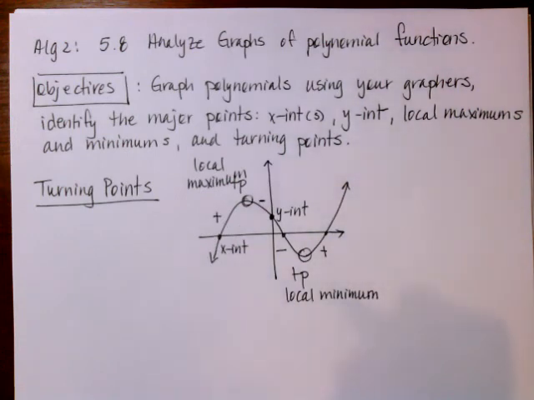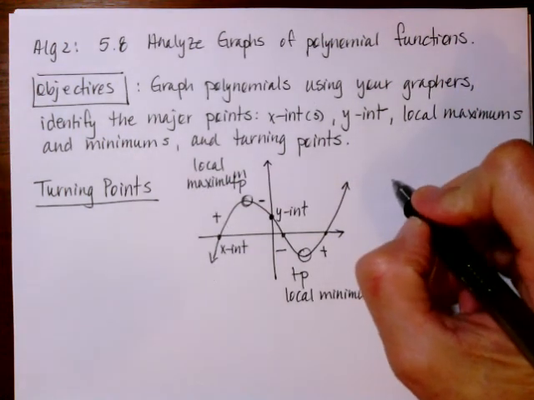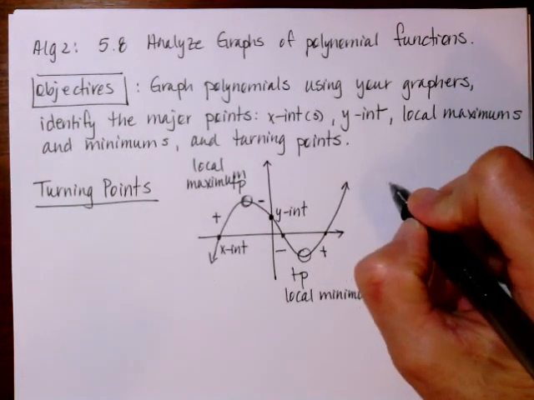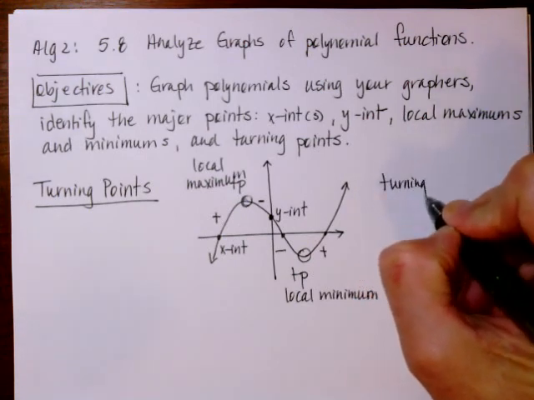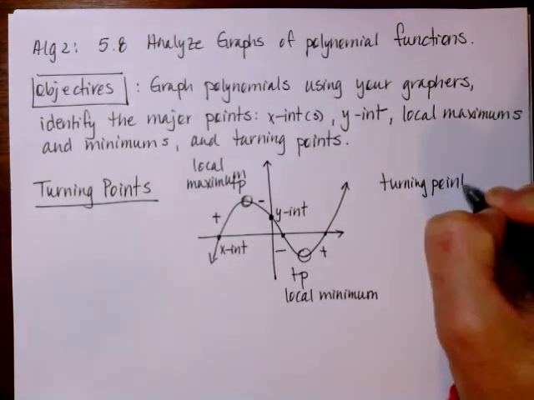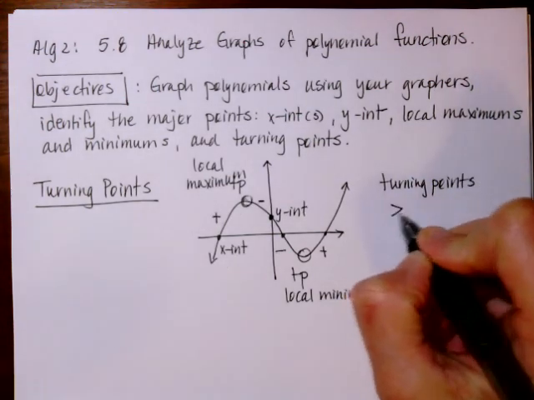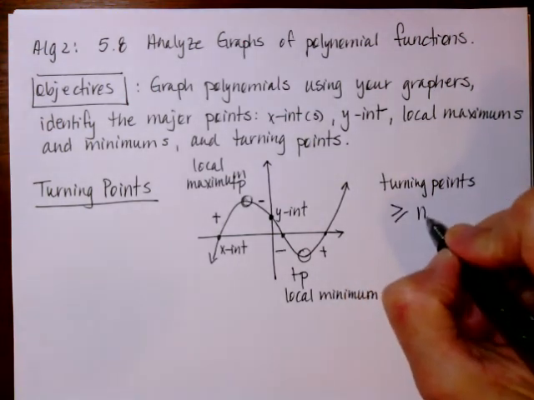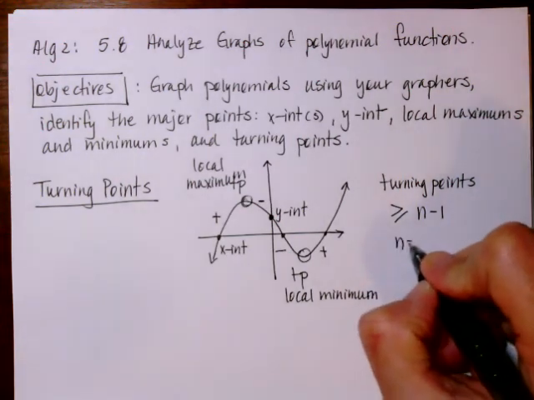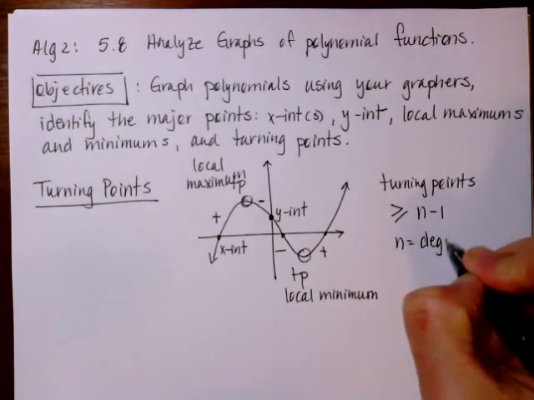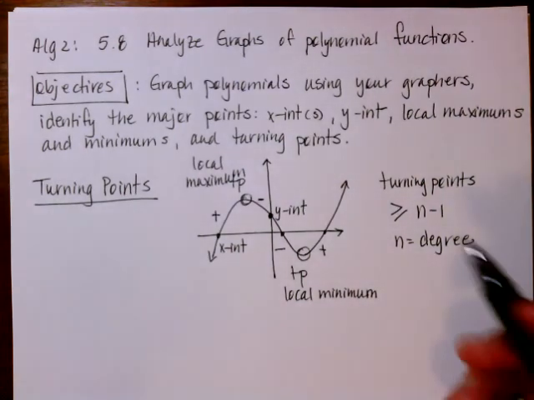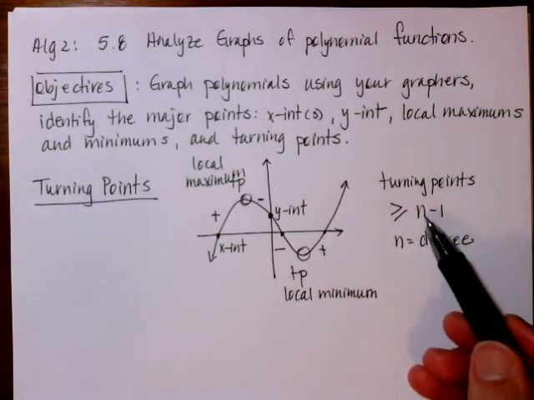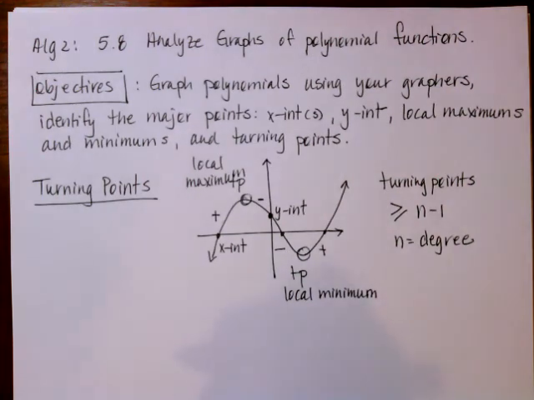All right. So the turning points are determined by the degree of the polynomial. So my turning points are going to be at most n minus 1, and n is equal to the degree. So what that means is that the number of turning points is at most 1 less than the degree.